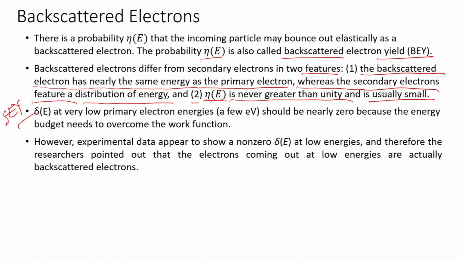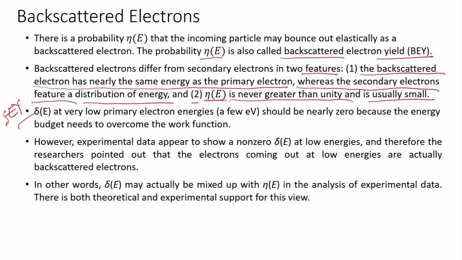As we said, for secondary emission I need a high energy electron, but it is shown that there is some emission at low energy. Therefore, researchers pointed out that the electrons coming out at low energies are actually backscattered electrons.